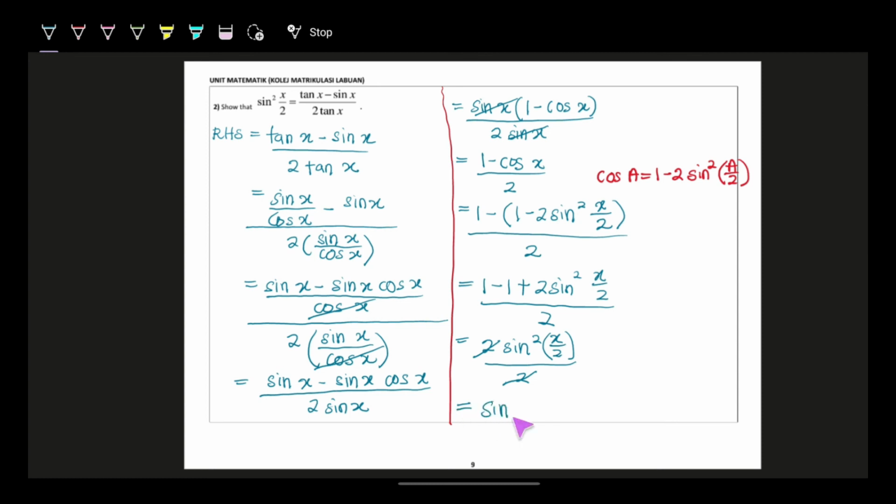So lastly, we have sine squared x over 2, which is just like the left hand side. Therefore, we have proved the left hand side is equal to the right hand side, where sine squared x over 2 is equal to tangent x minus sine x over 2 tangent x. So that's all.